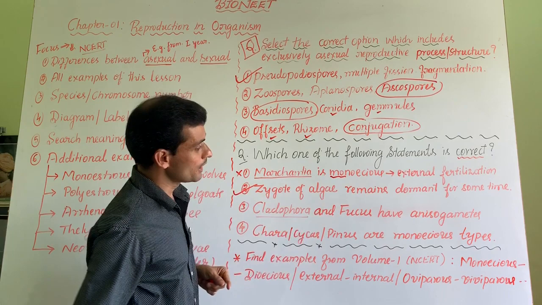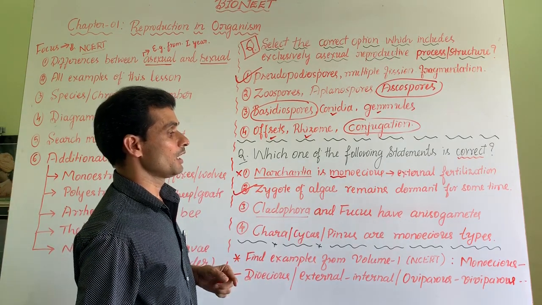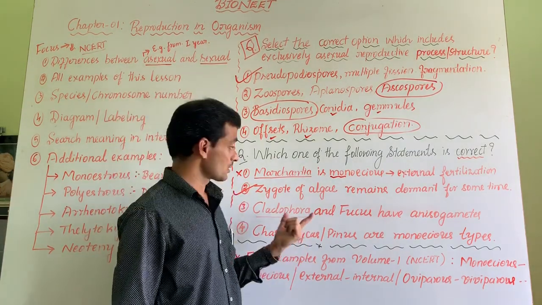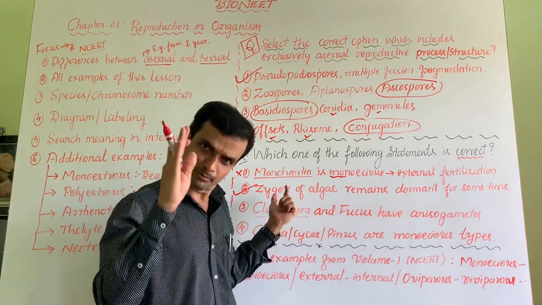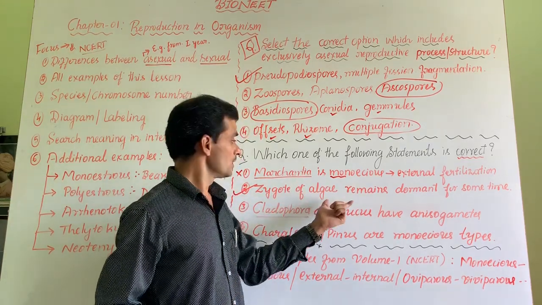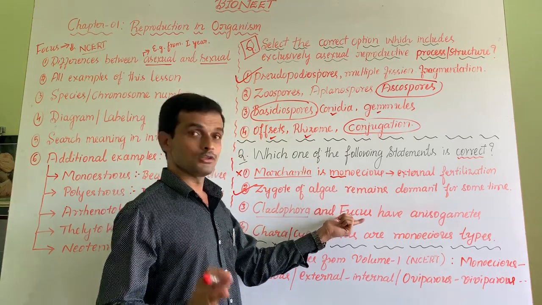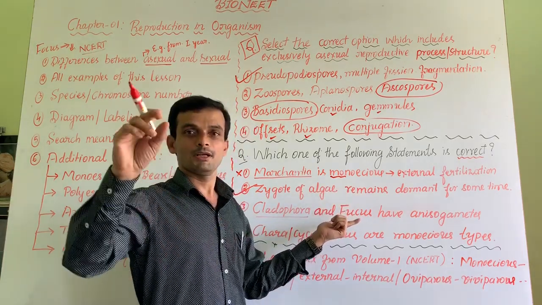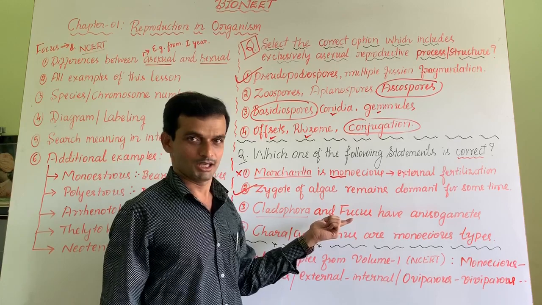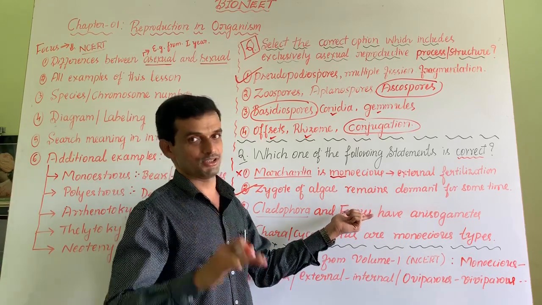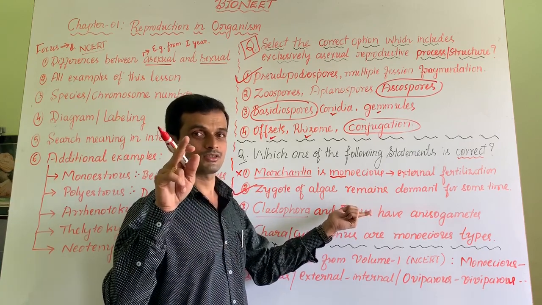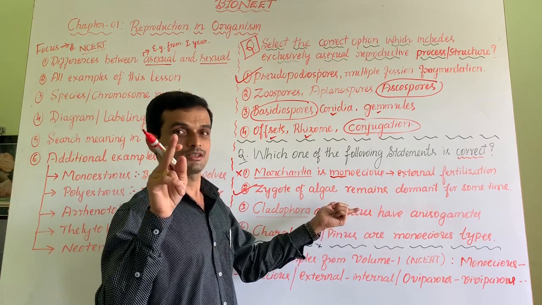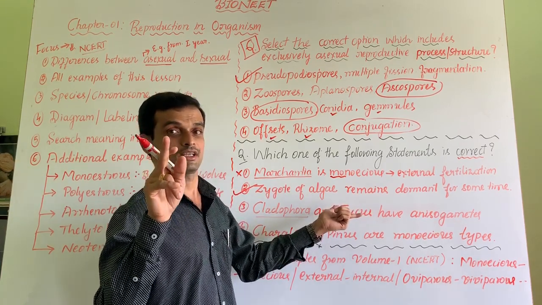Then Cladophora and Fucus have anisogametes. Cladophora is an example of isogamy. Both male and female gametes are motile. In Fucus, you have got a big female gamete and a small motile male gamete. It would be oogamous. Fucus, Volvox, an oogamous condition. You come across these terms in the first year plant kingdom lesson.